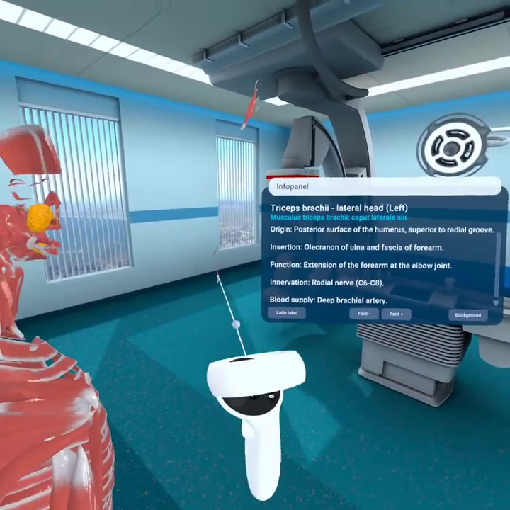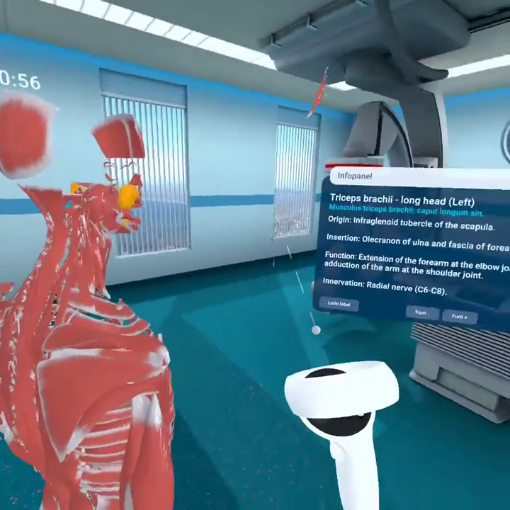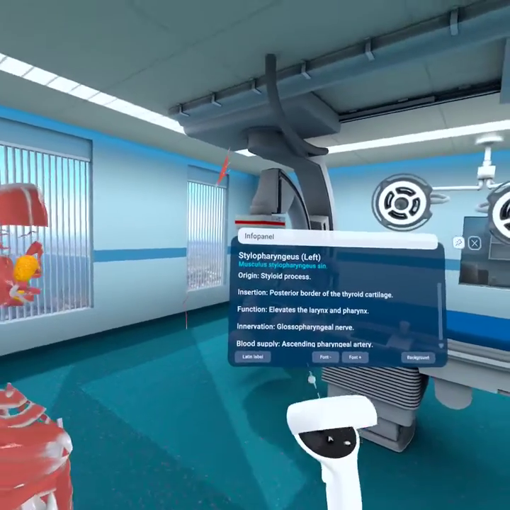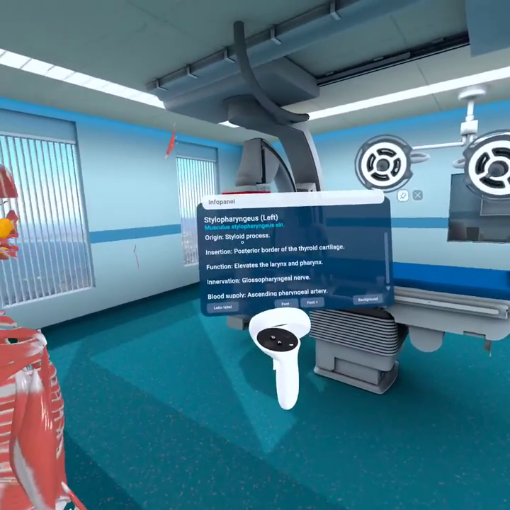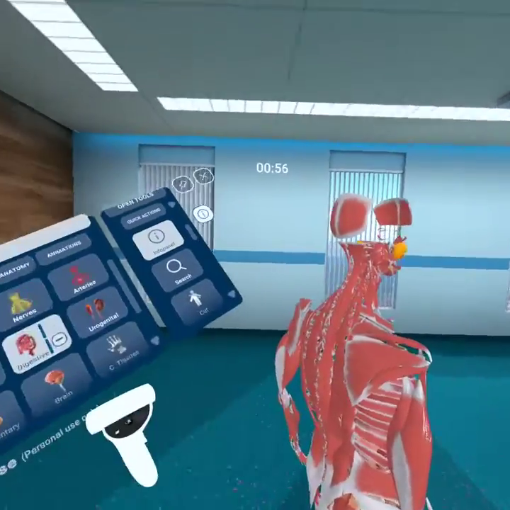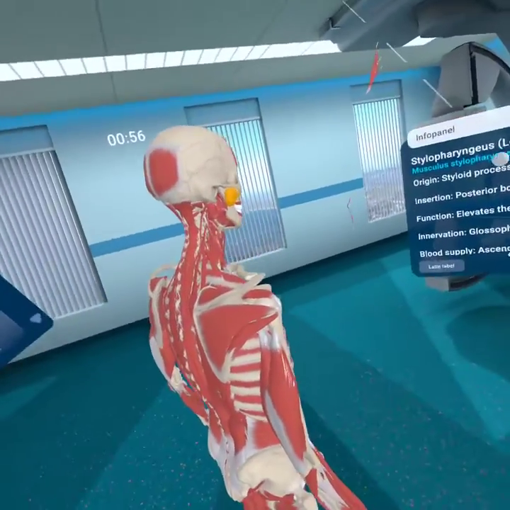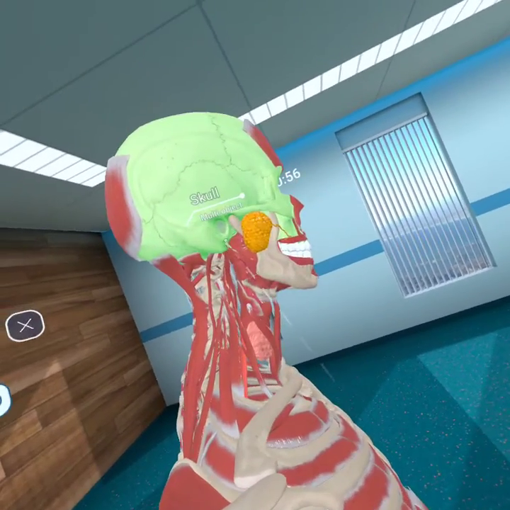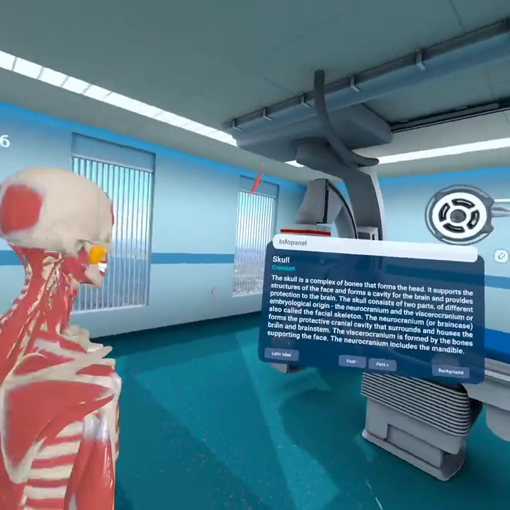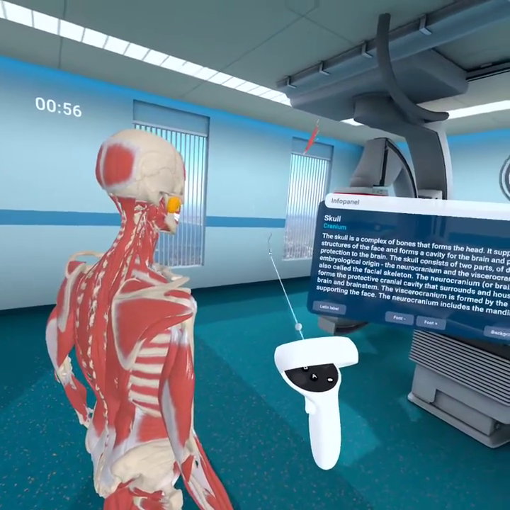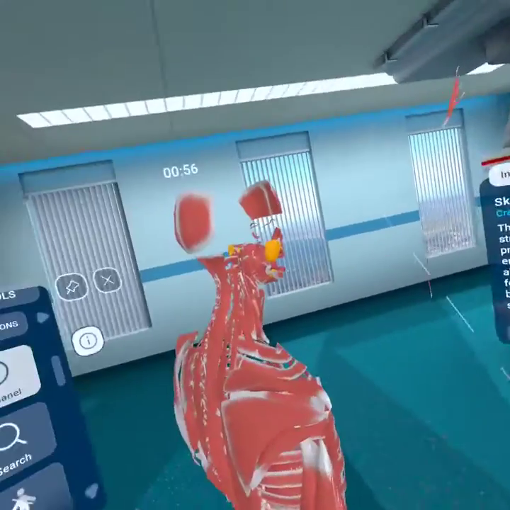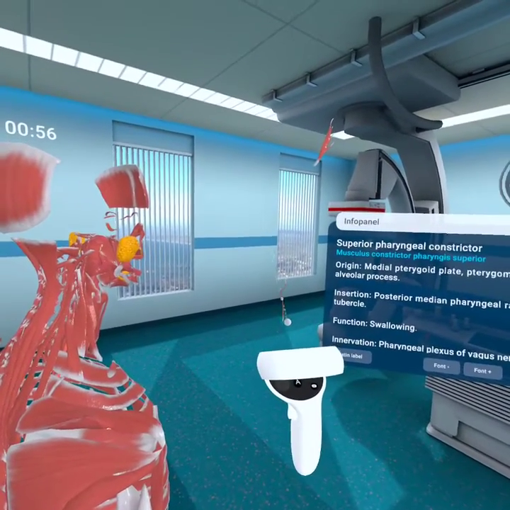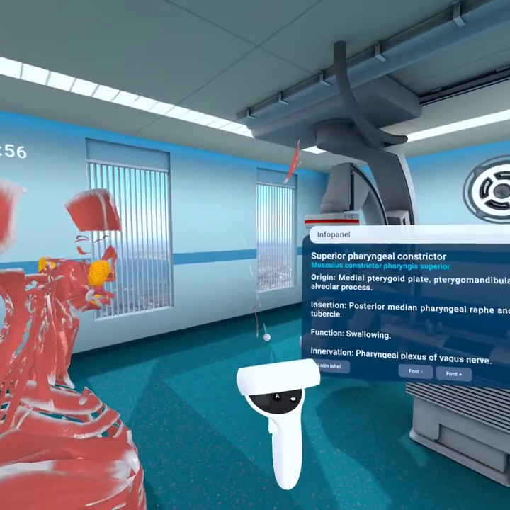Stylopharyngeus. So it originates from the styloid process. Let me see if we can find that. We have our styloid. Even out, it's still hard to focus on it.